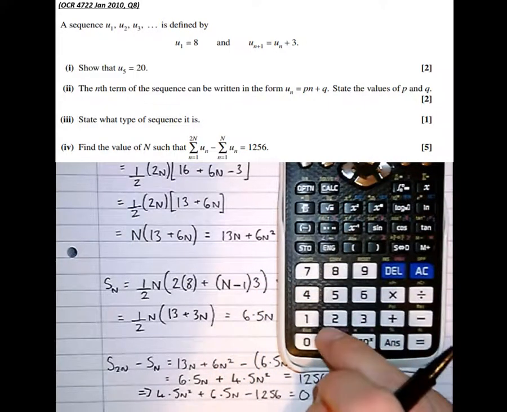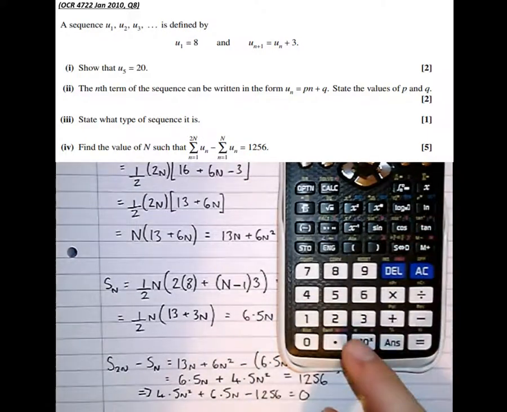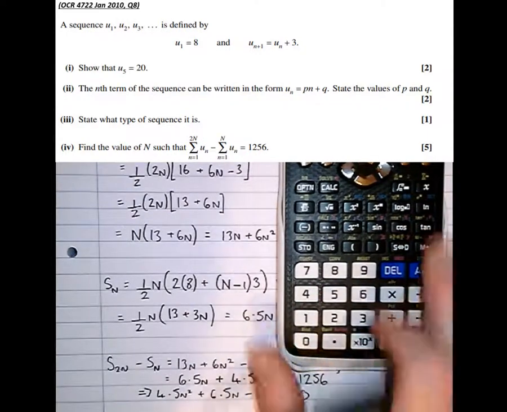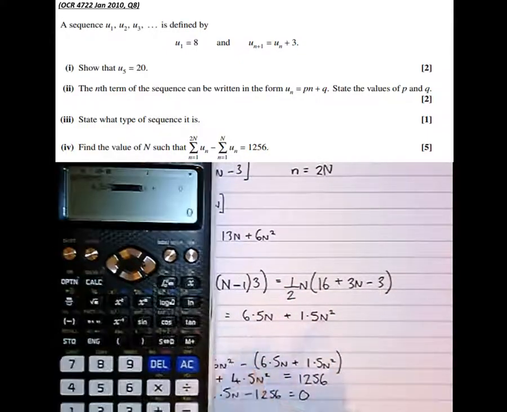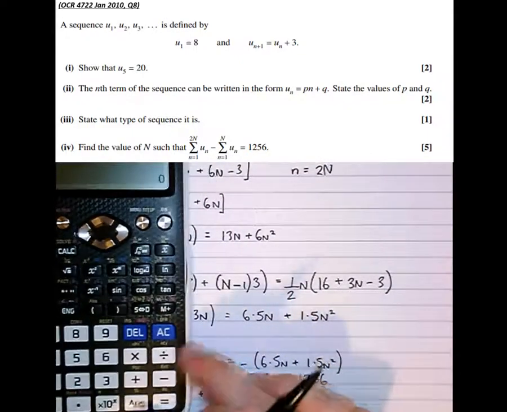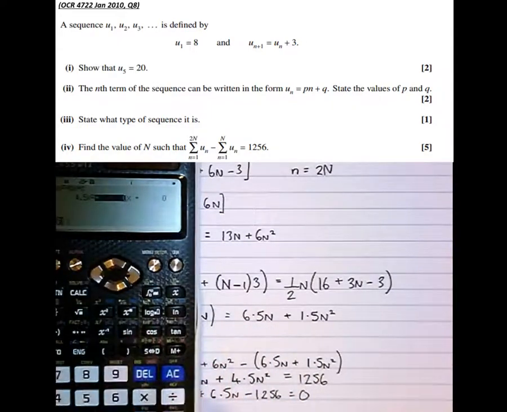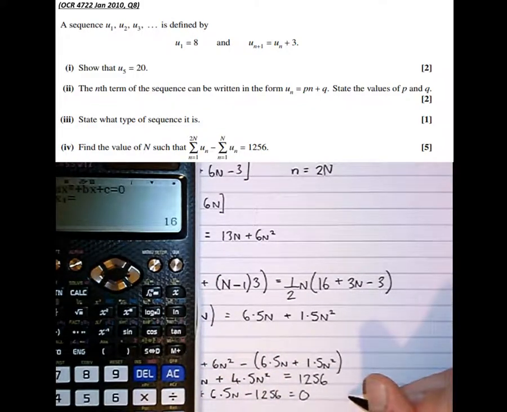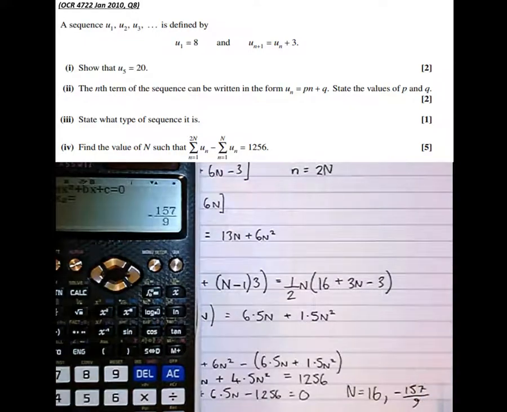So it's a polynomial of degree 2, and it's 4.5n squared, 6.5n and minus 1256. So the answer, n equals 16, or minus 157 over 9. Now, because n is a term number, it must be an integer value, so that there is an invalid solution. The answer is n equals 16.